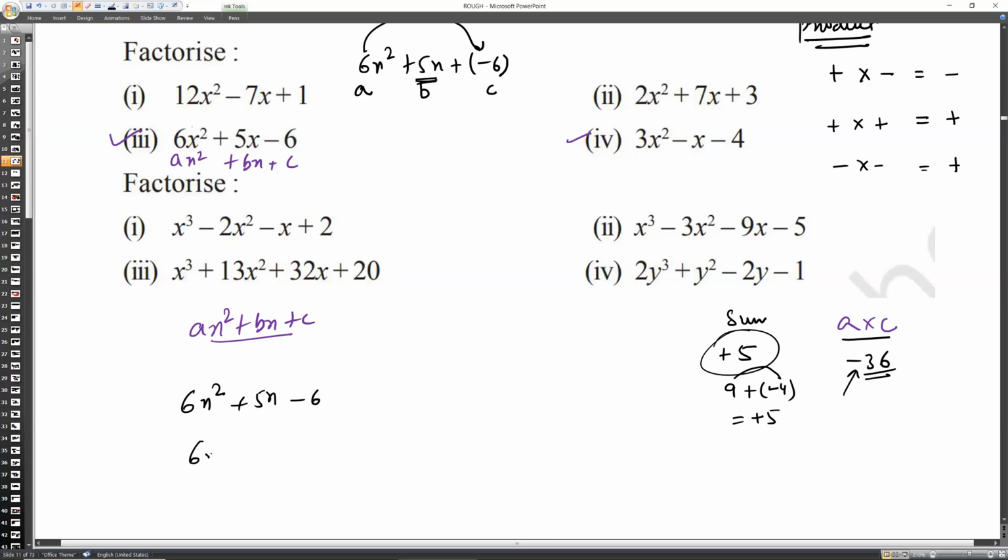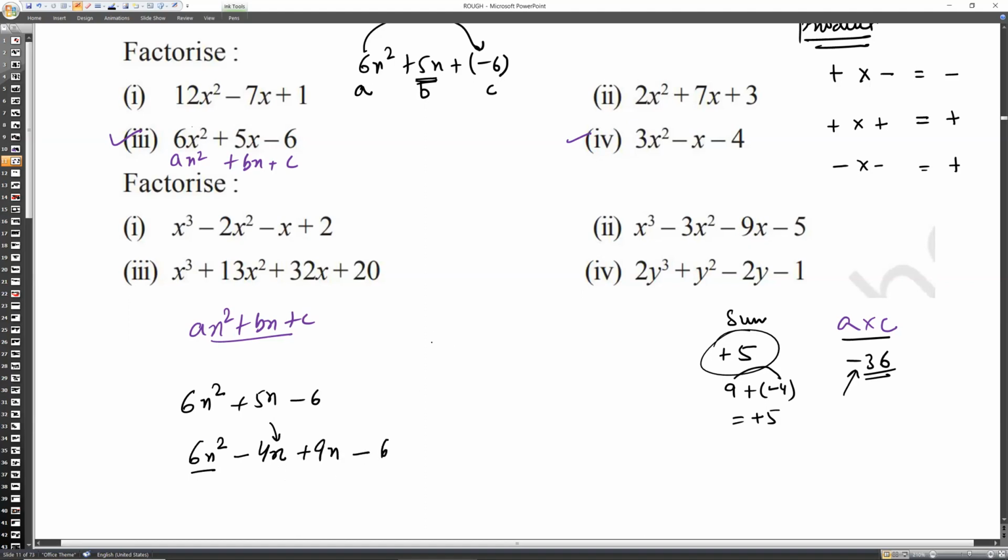So 6x square is the first term, then write minus 4x here, and x should be written here. Why I am saying that, I will tell you. Put the negative number in the second position, and this one will be 9x and then minus 6.